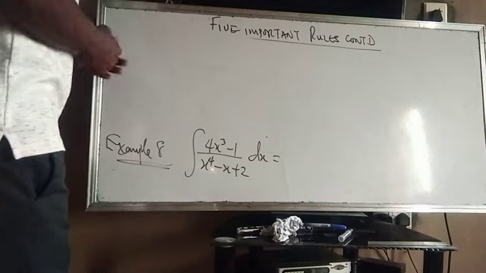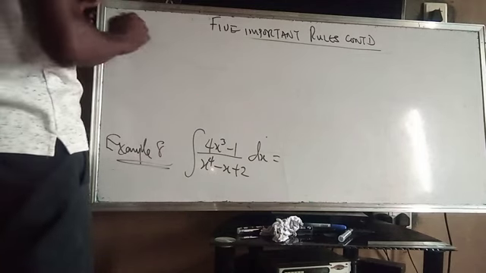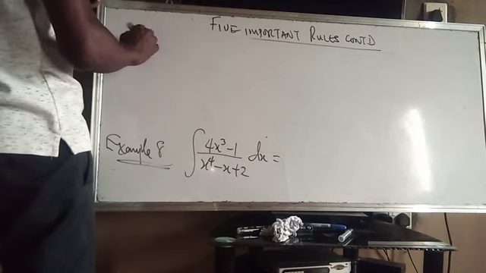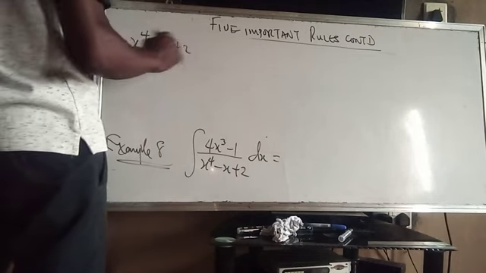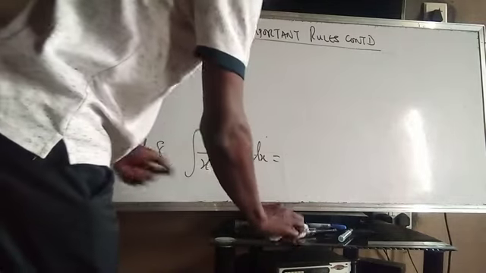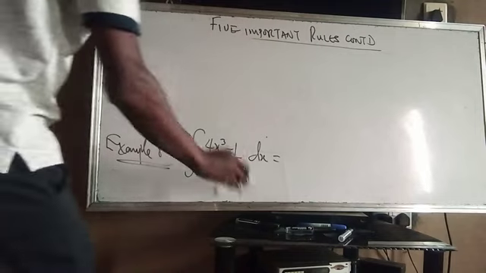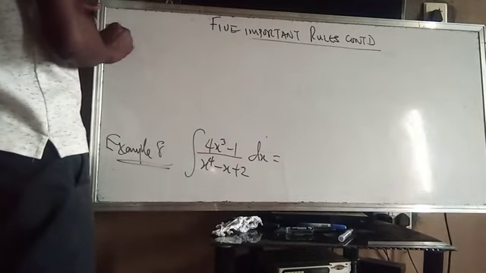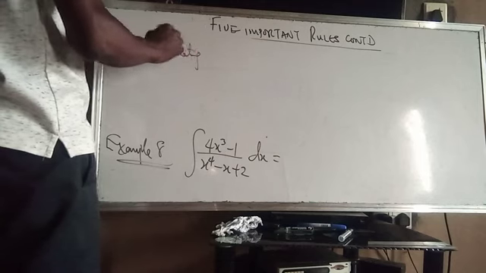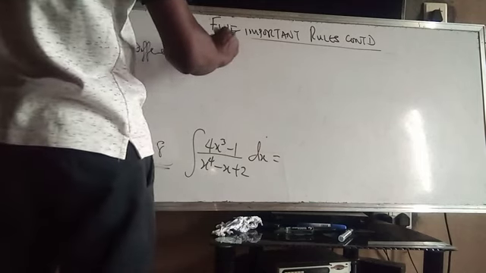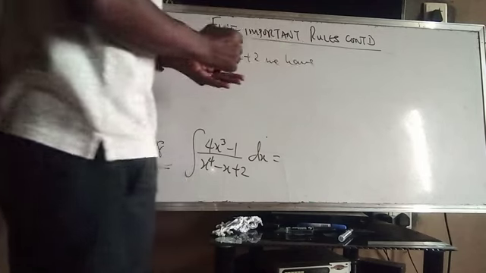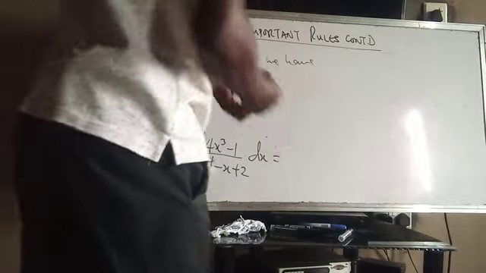Now, let's differentiate the denominator, x raised to power 4 minus x plus 2. By differentiating x raised to power 4 minus x plus 2, let's check what we are going to have.